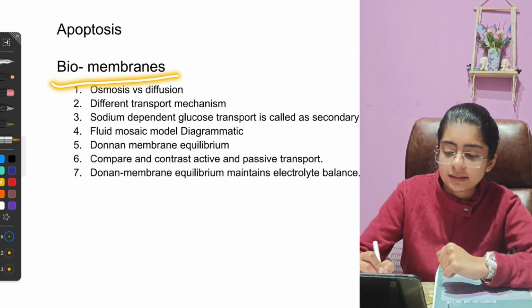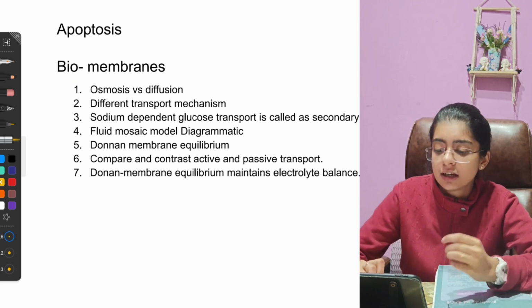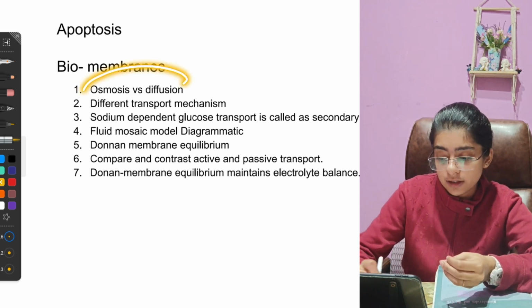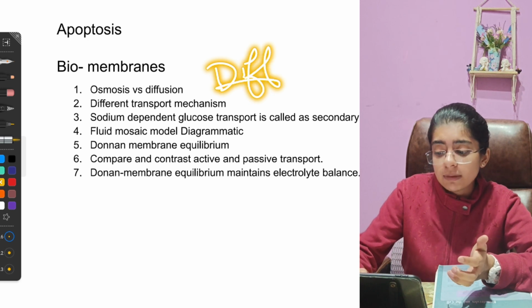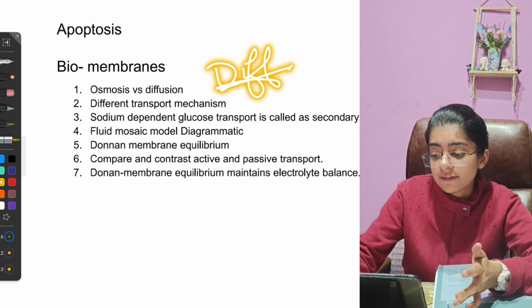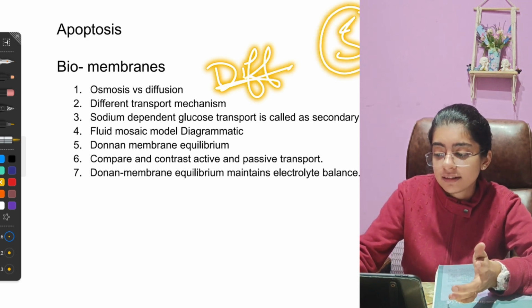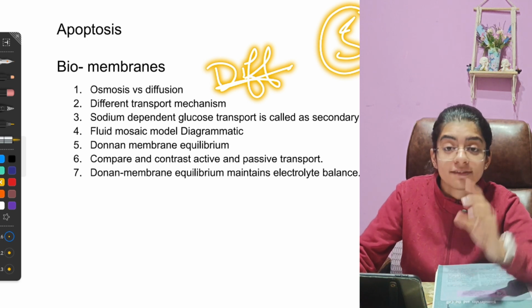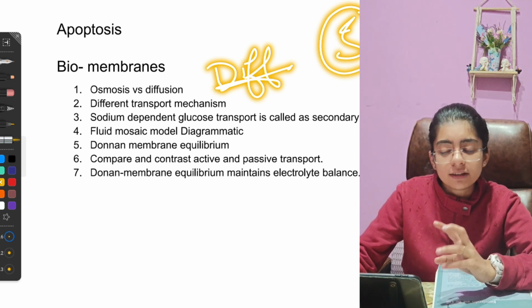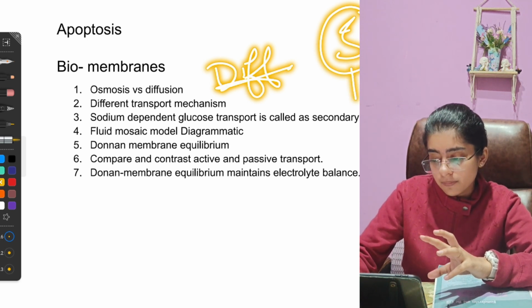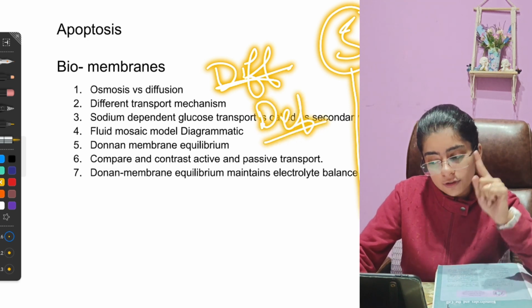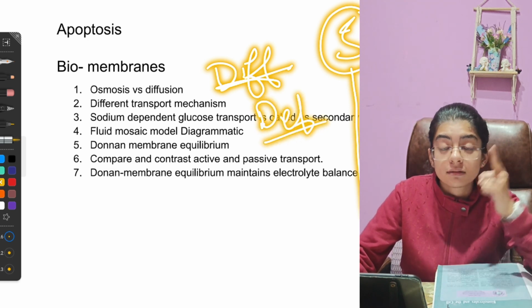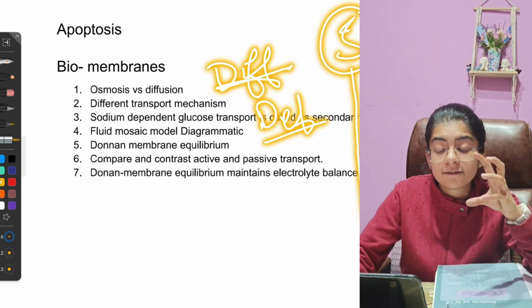Next is biomembranes, that is basically the plasma membrane, osmosis versus diffusion. When it comes to difference between, do remember I told you already that if it is a 5-mark question, then write 10 valid points, and each point should be like this. If you are writing the definition of osmosis here, then only the definition of diffusion would work there, and the point should be differentiable.